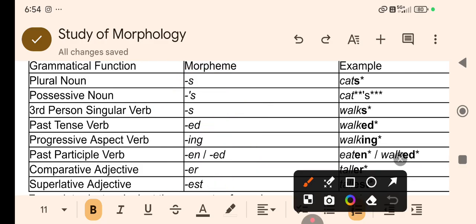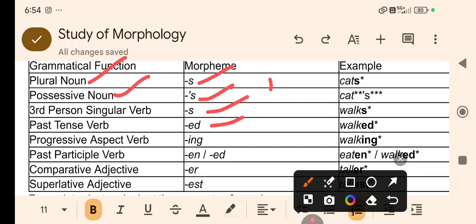When we have to make a plural noun, we add s. For a possessive noun, we add s with an apostrophe. Then third person singular, walks, goes. Past tense, ed: walk, walked, play, played.